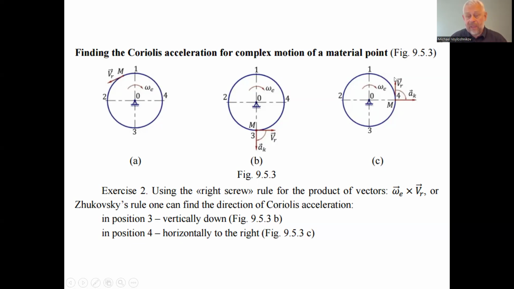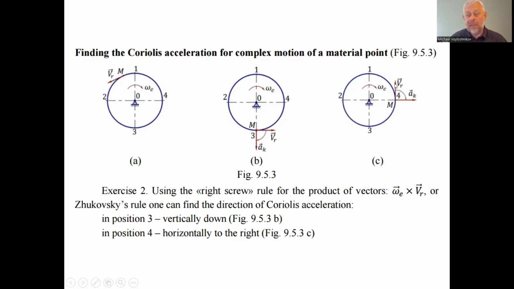Then the projection on the plane perpendicular to the vector of the transfer angular velocity, this vector goes beyond the plane of the screen, beyond the plane of this scheme, in another direction.